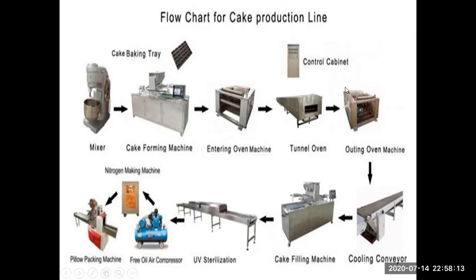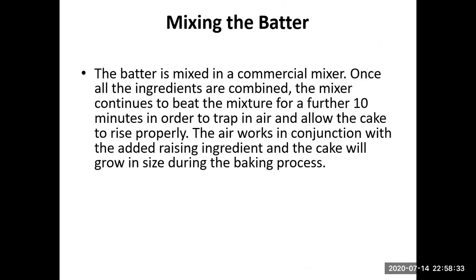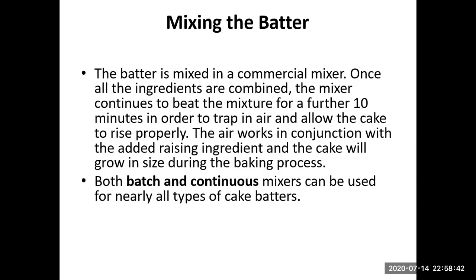With this flow chart, you can check how cake can be made from mixture to packaging section. Let's discuss the figure a bit more. First of all is mixing the batter. At that stage, your batter will be mixed, and this depends on the quantity of cakes.